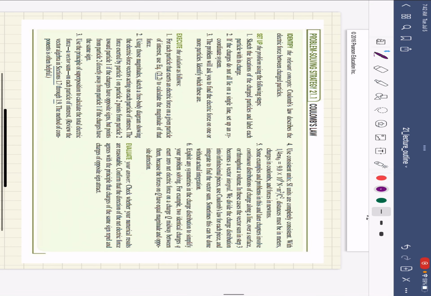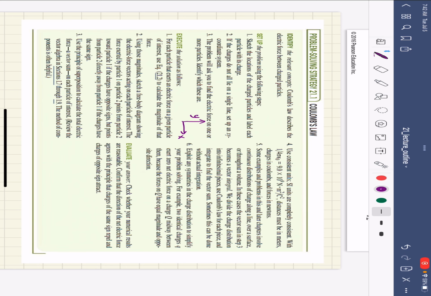Now I'm showing you Coulomb's law problem solving strategy, where you need to sketch the location of the charged particles and label each particle with its charge. If they are not lying on the same line, you should set an XY axis.